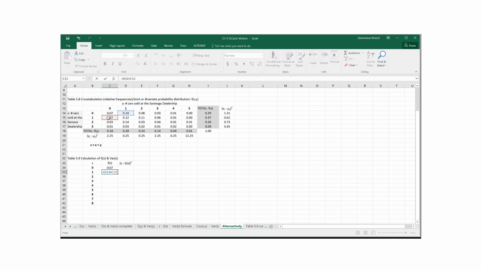So f of S is the sum of those two joint probabilities. S equal 2 can occur if y equals 2 and x equals 0, or both x and y equal 1, or x equals 2 and y equals 0. So that's the sum of those three, and so on.